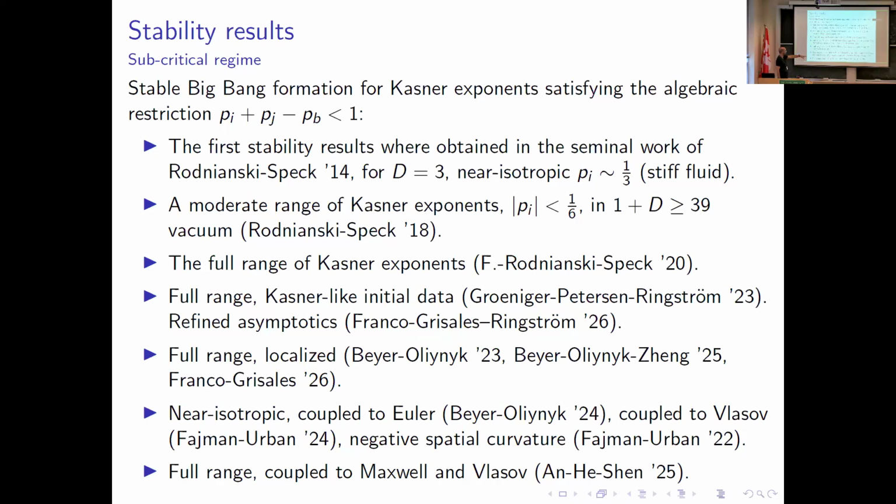You definitely need a scalar field or stiff fluid all the time to have this restriction, but you can add more stuff. And yeah, the method works. So there is now a quite robust method to prove stable Big Bang formation and get all the information you would like to have.